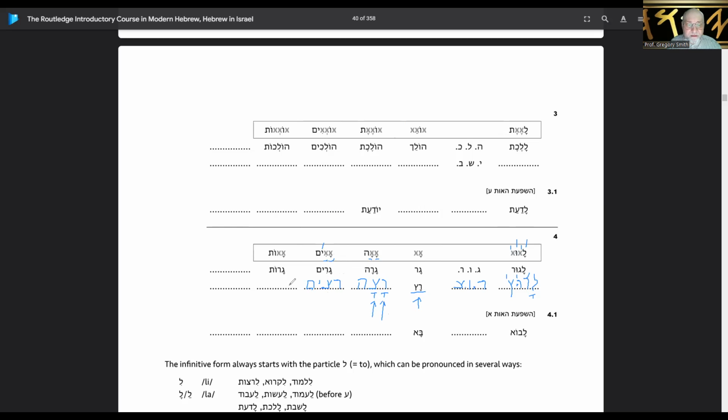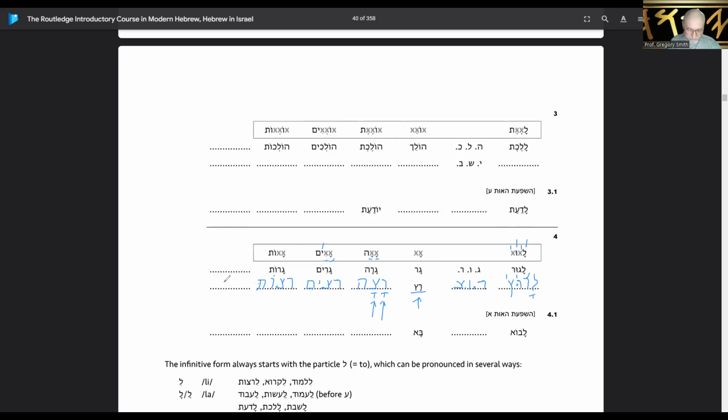Okay, ratsim. And then if you were to say, you all are running, atten ratzot, or like all girls, atten ratzot. You all are running. Ratzot, resh, zadik, holam, tav.